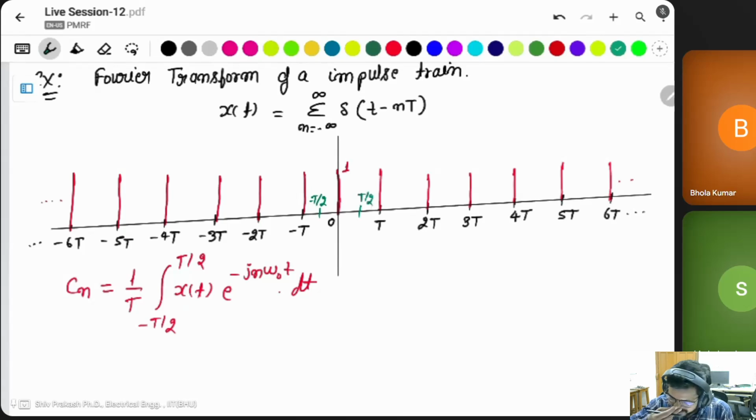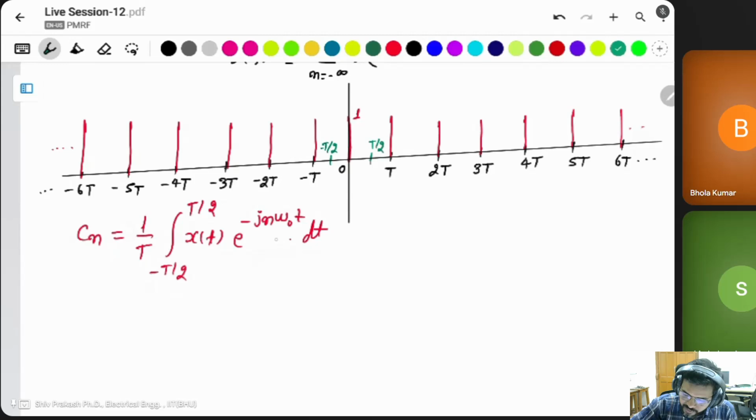Only delta t is available between minus T by 2 and plus T by 2. It means at 0 the value is 1, then Cn is equal to 1 by T times x(0), so 1 by T is the Cn.